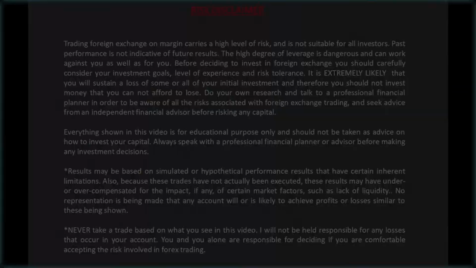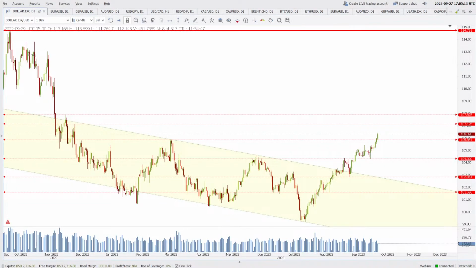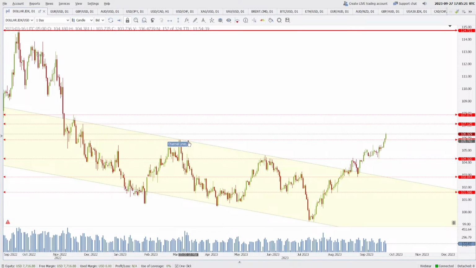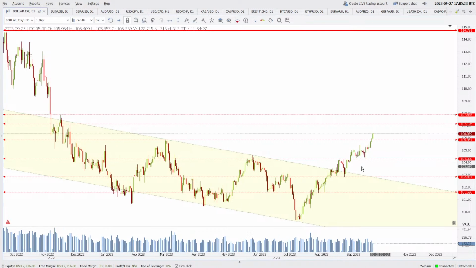All right, guys, let's talk about the charts. The first thing first, this is the US dollar index. We have marked our levels. Yesterday, we had said that if the price closes above 105.85 convincingly, then we can hope for 107.12, which is already exposed in this market.